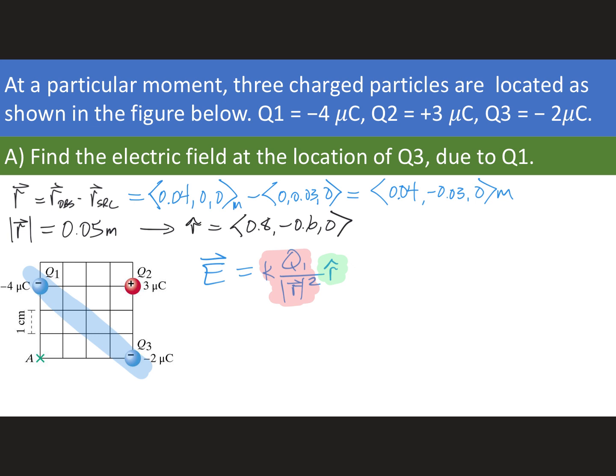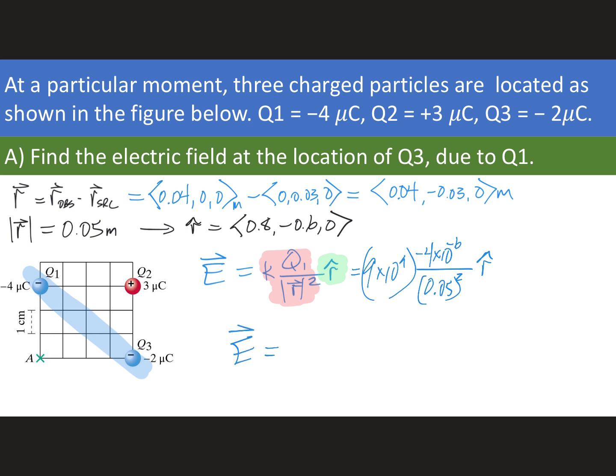All right, so basically, we're going to have 9 times 10 to the ninth for that constant. We're going to have Q1 was a minus 4 times 10 to the minus 6, over 0.05 squared, and then I'll just put r hat in there just for simplicity.